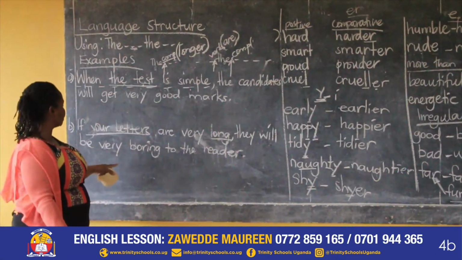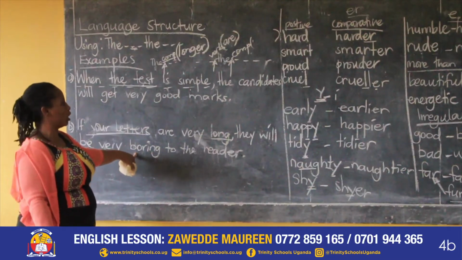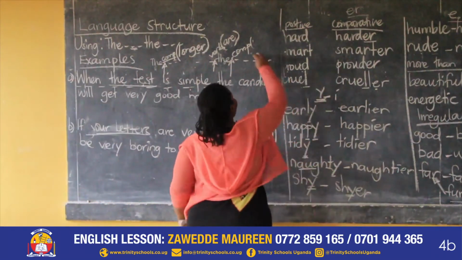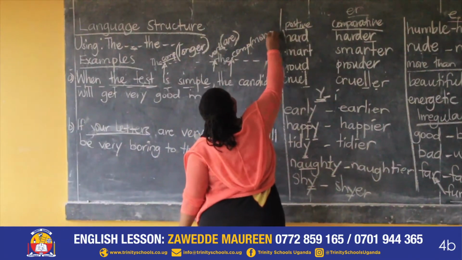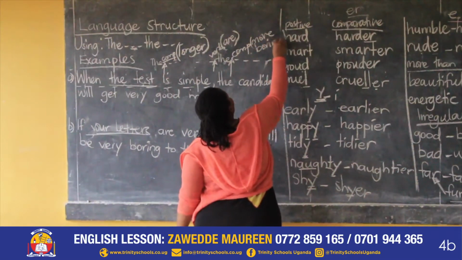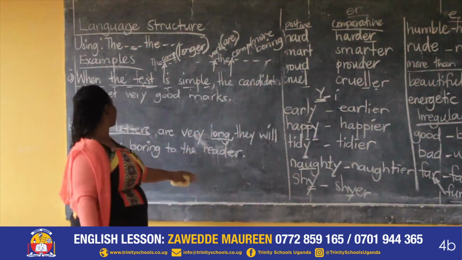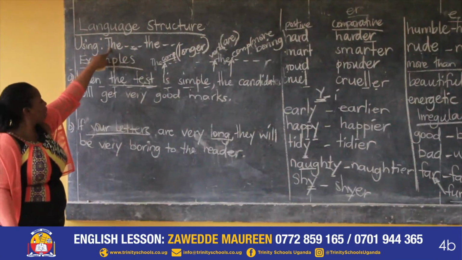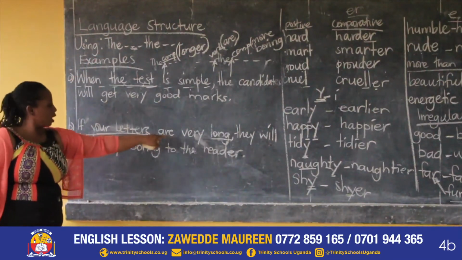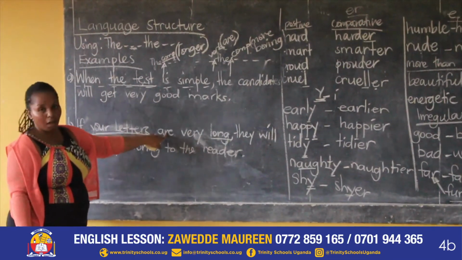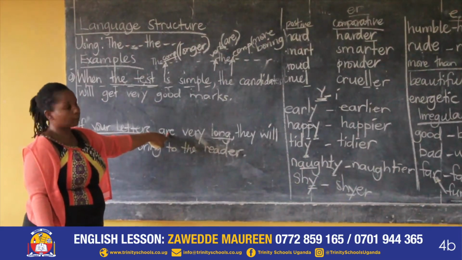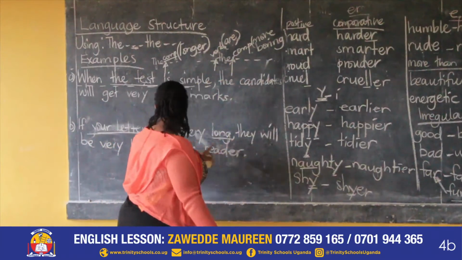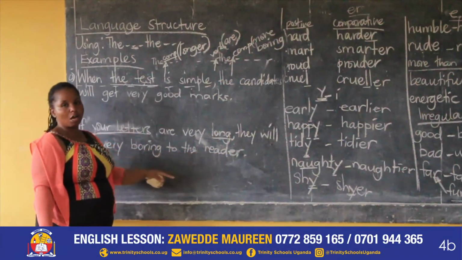In the next, they'll be very boring to the reader. What is the comparative of boring? The comparative of boring is more boring. And we say, the longer your letters are, the more boring they will be to the reader.